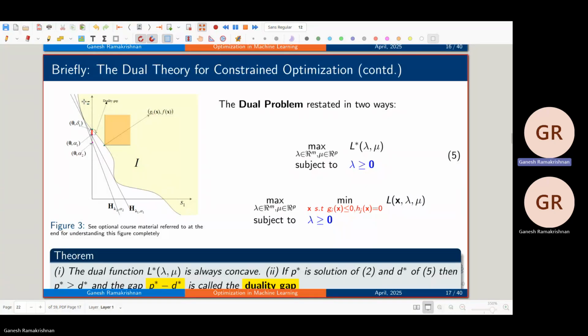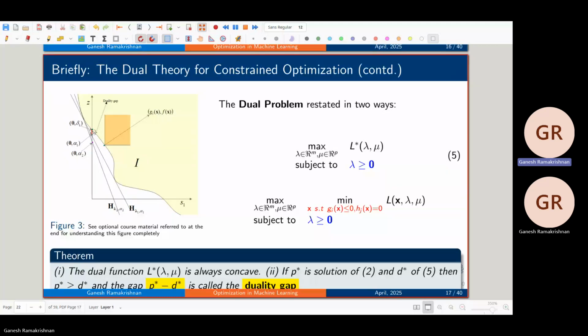What does it mean? I want to find the lowest intercept of this curve on the vertical axis. I can't afford to go to positive values of g. So basically this curve, I want to find where it intersects the y axis as it comes from the top.